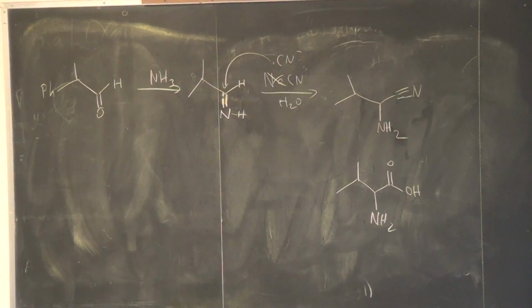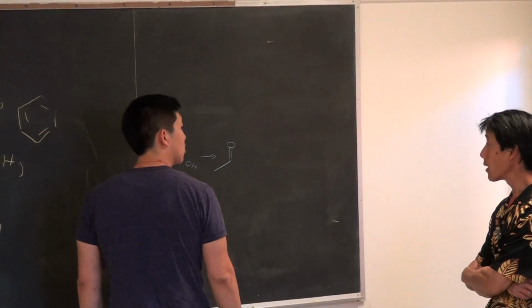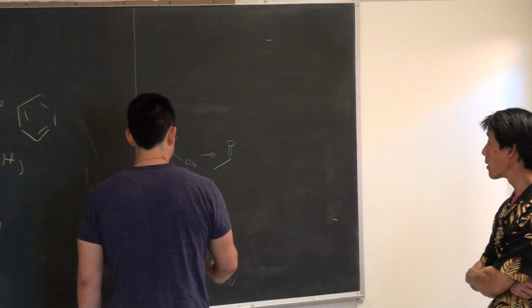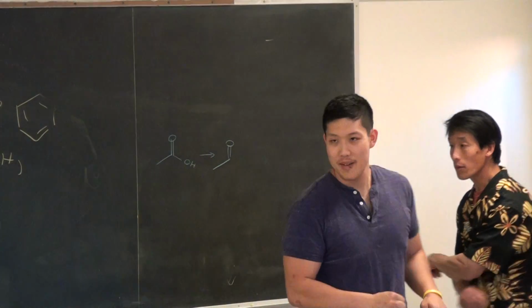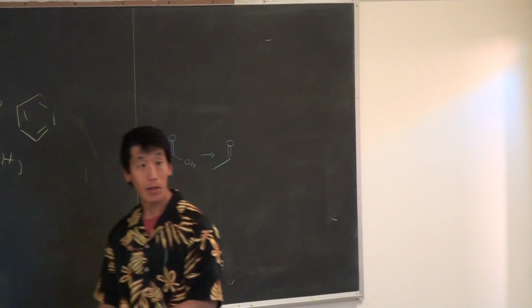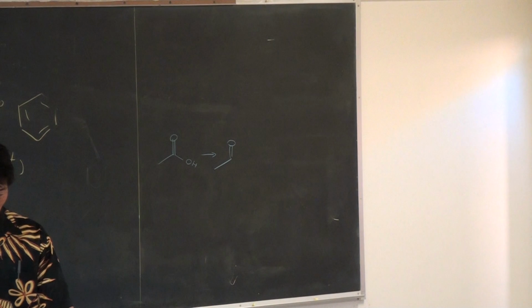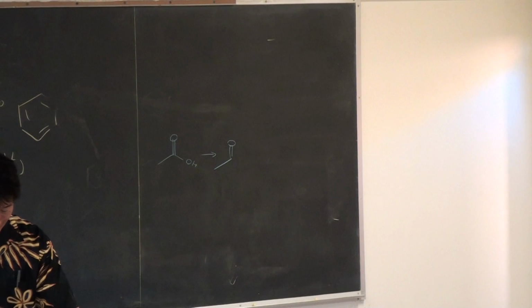Is there a way to reduce this? Either stronger reducing, then it goes all the way down. Actually, that is strong reducing. You were saying, okay. You just made this whole thing.